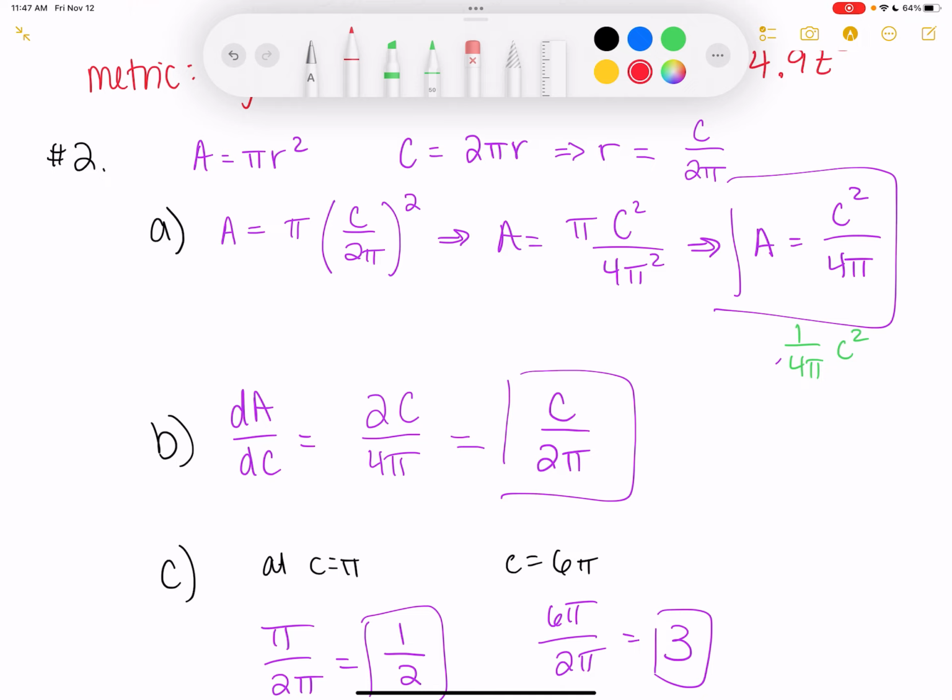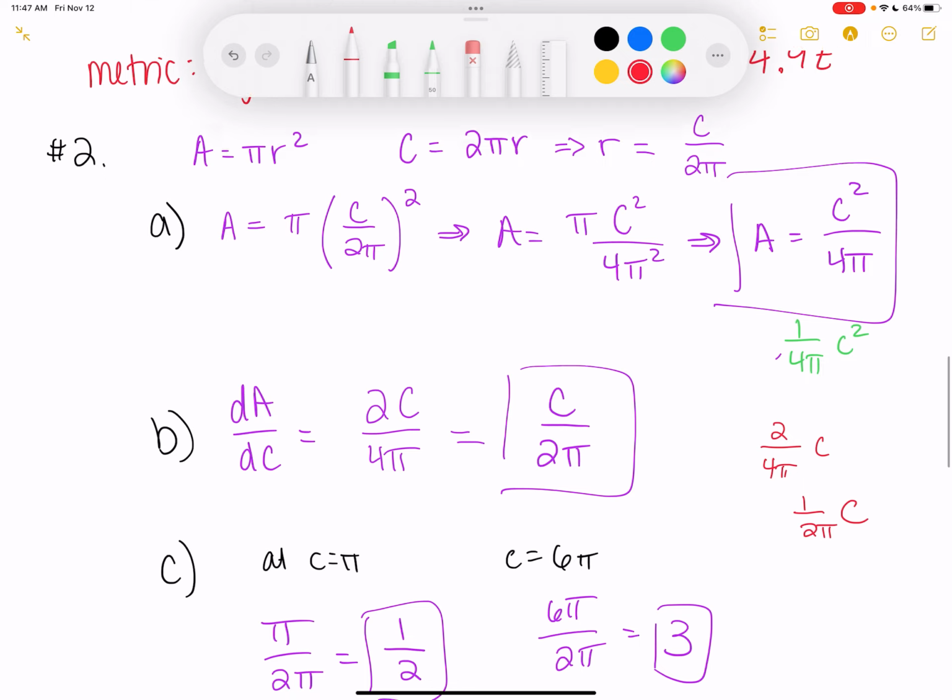When you took the derivative, you threw the 2 out front, which puts a 2 on top. So that gave us 2 over 4 pi times c. Then the 2 and the 4 cancel to give you c over 2 pi, like we had there.